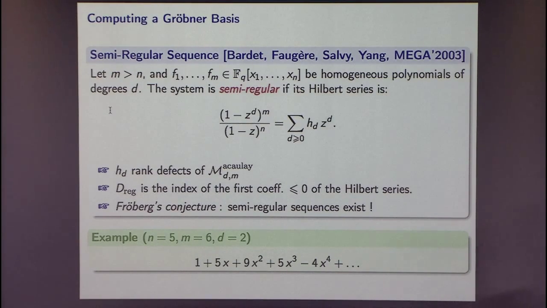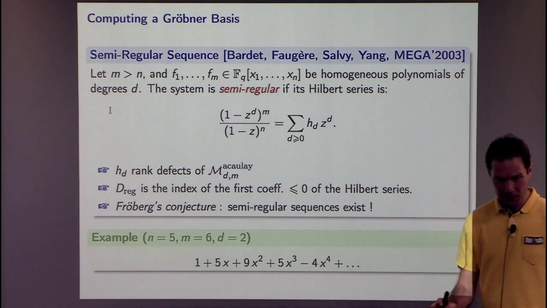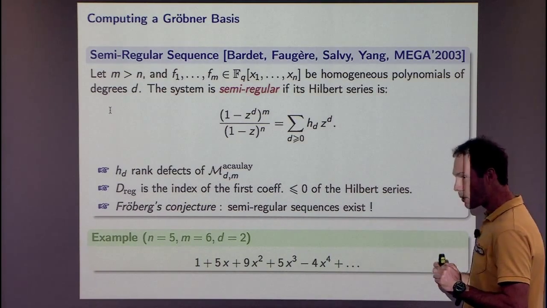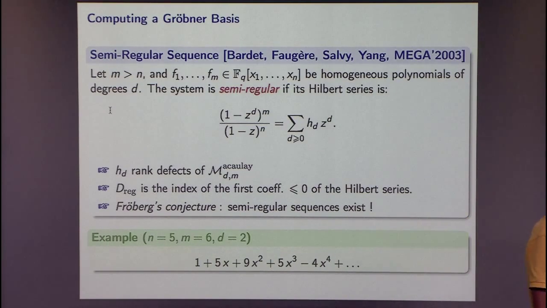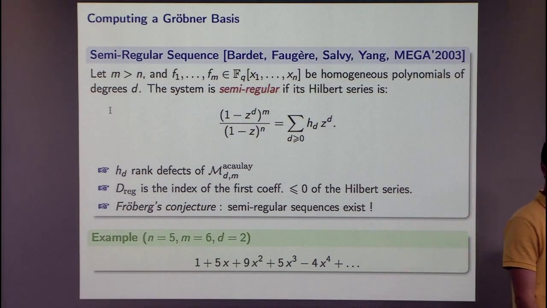So this is kind of frustrating because this gives you more or less what is the typical behavior for the complexity, semi-regular sequence, for computing a Gröbner basis. If you sample randomly your equation, for sure, if you compute the Gröbner basis, the Hilbert series is going to be exactly this one.